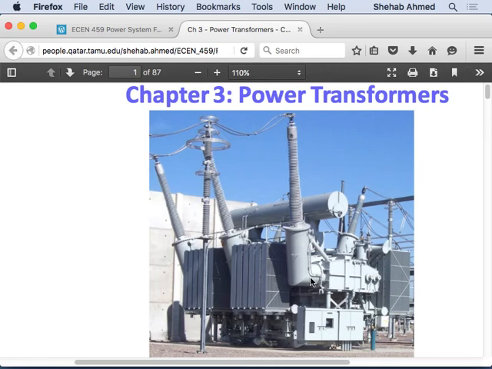These are the 2 major classifications, either oil filled or dry type. Dry type will be for lower power, or places where you have indoors. When we need to put a transformer indoors, you want to make sure you don't put oil inside a place where, for God's sake, if the oil spills or there's a leak or whatever, you don't want it to be there, right?